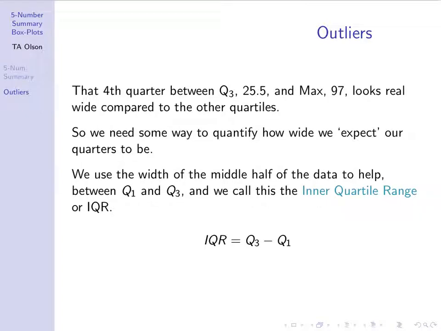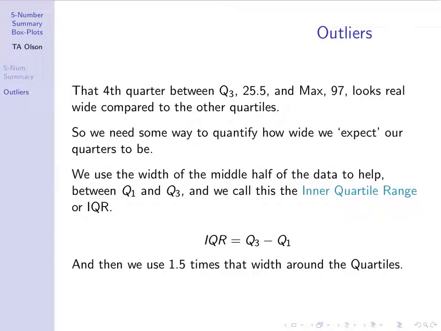To do this intelligently, we use how wide the middle half of the data is to help us, so the width between the 1st quartile and the 3rd quartile. We call this difference the interquartile range. So the interquartile range is simply Q3 minus Q1.